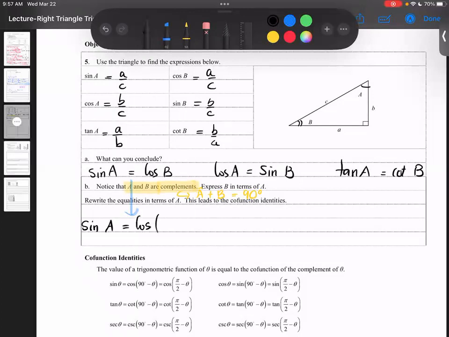How do I transform big B into terms of A? If I know A plus B equals 90 degrees, then can you solve for B? B equals 90 minus A, yeah?